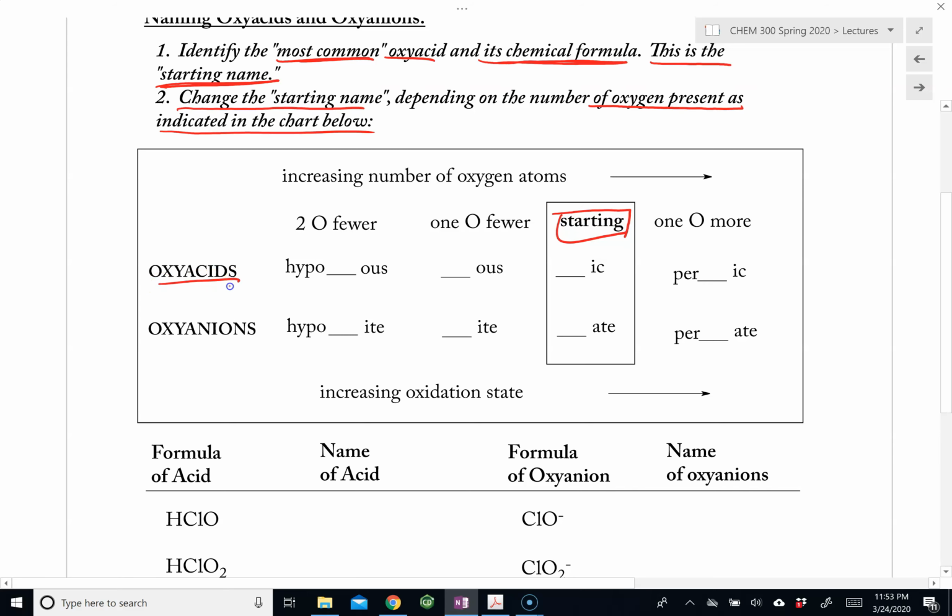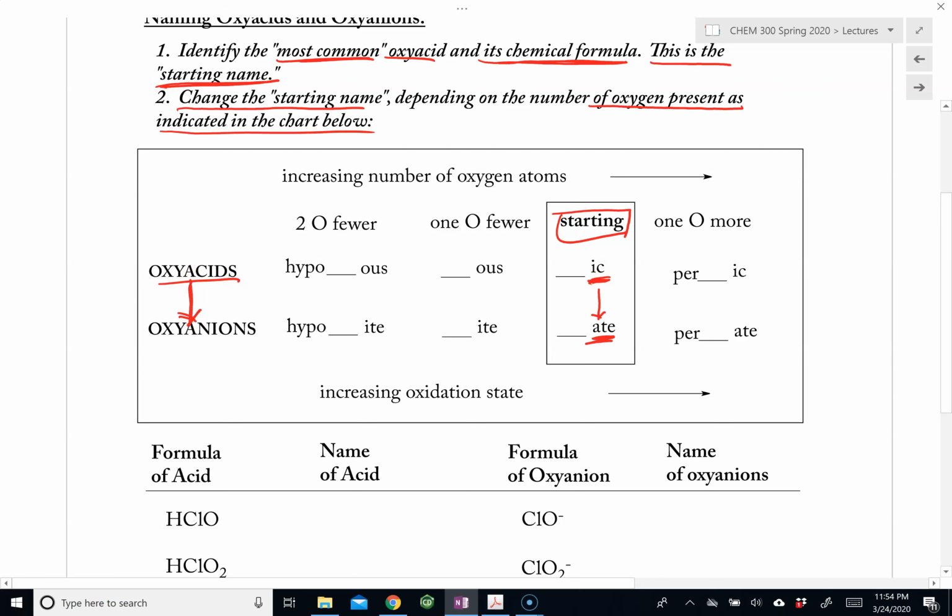For example, the most common one is the starting name here. If it is an oxy acid, then you have the ic ending on it with the word acid. When this oxy acid has lost its proton to become the oxy anion, to name the oxy anion, we take the ic ending and change it into an ate ending. That's how we see chloric acid become chlorate, as well as sulfuric acid become sulfate, because the ic is changed into ate once an acid becomes an oxy anion.